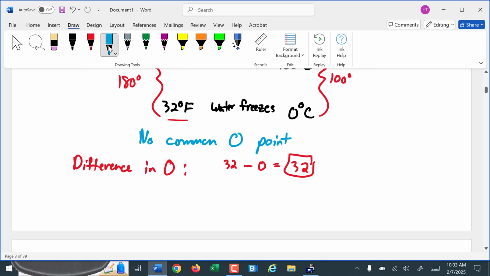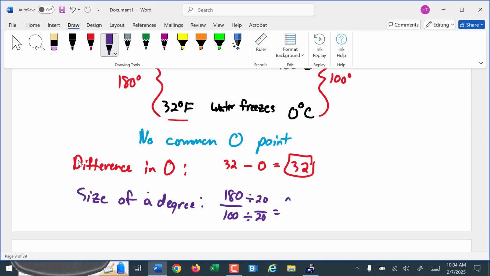We have to account for the size of a degree. Depending on how you put it, it's 180 over 100, which if you divide that out, both will divide by 20, is 9 over 5. Or the other way around, 100 over 180, which is 5 over 9, depending on what direction you're going again.